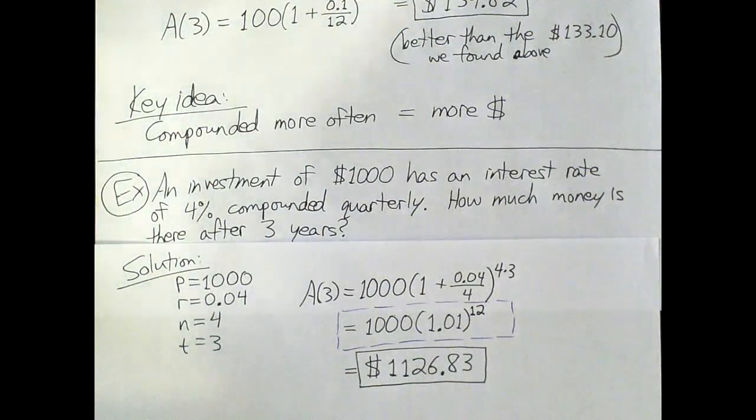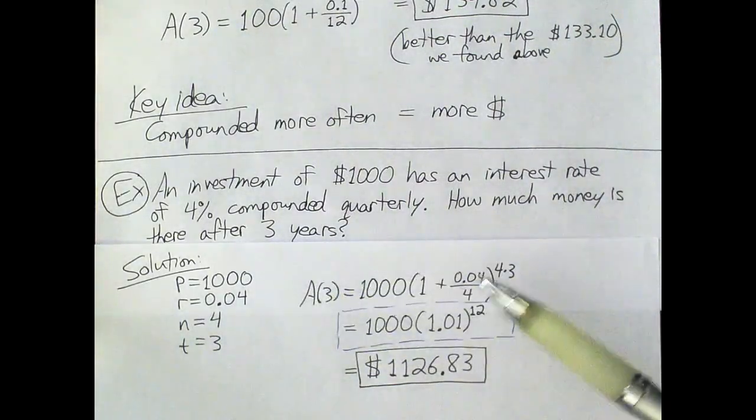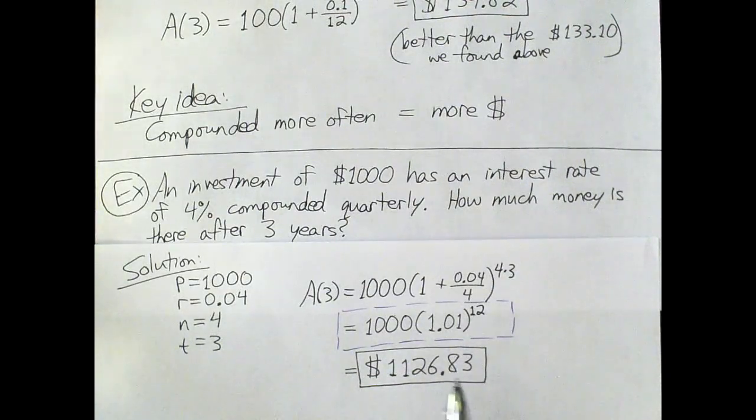One of the things I sometimes see from students in this section is calculator mistakes, or sometimes students round things off too much, or sometimes students round things off in the middle of the problem or the beginning of the problem. Really, you don't want to round anything off until the very end when you're trying to get it in dollars and cents. Then it's okay to round it to the nearest cent.